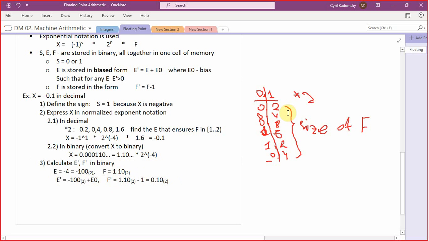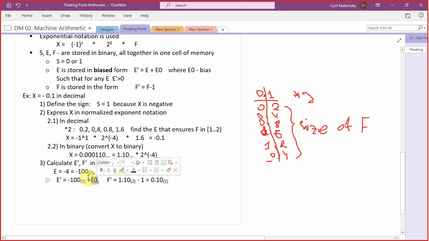Okay, and two questions remain, really. First of all, how many digits should we have in this fraction? We have done several when we calculated the binary representation, but maybe it's not enough, maybe it's too much, we don't know. And the second question is this bias for exponent.